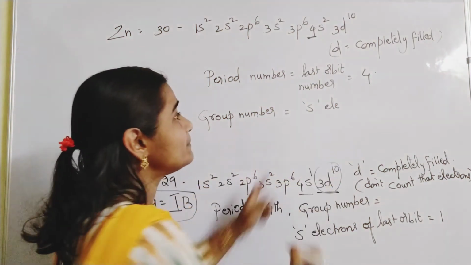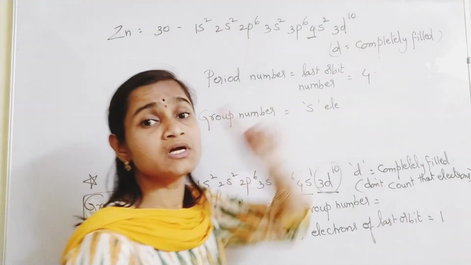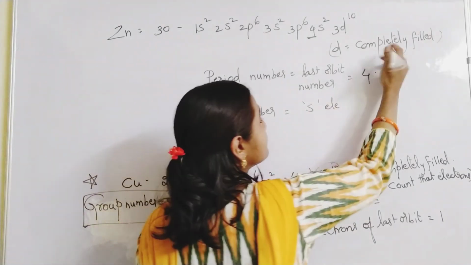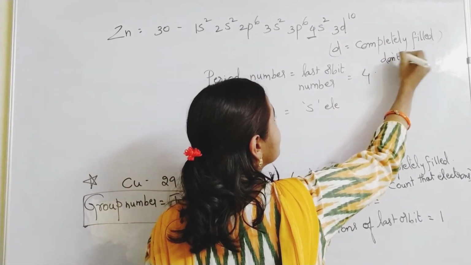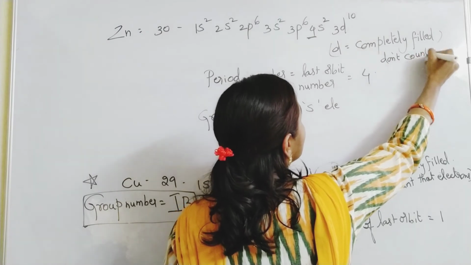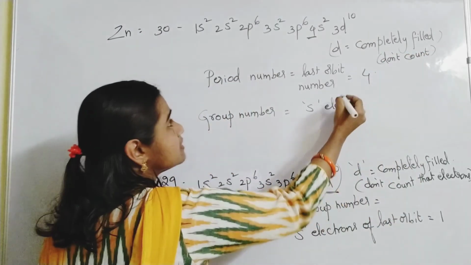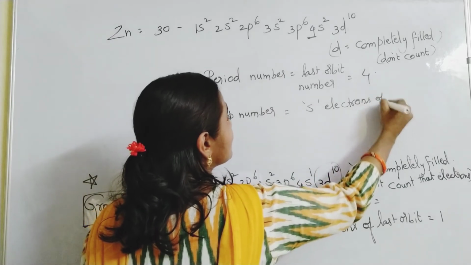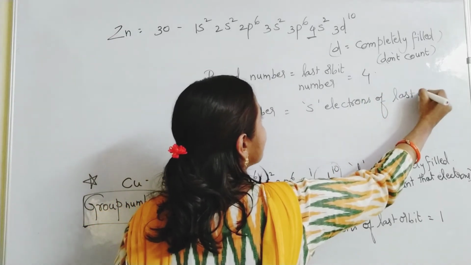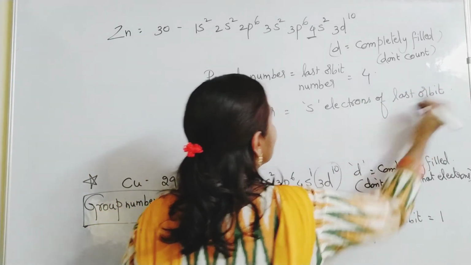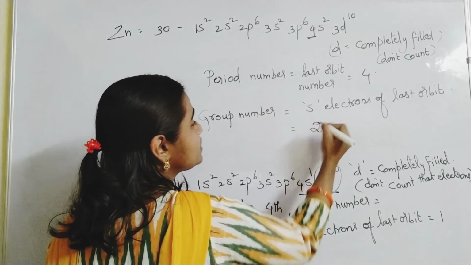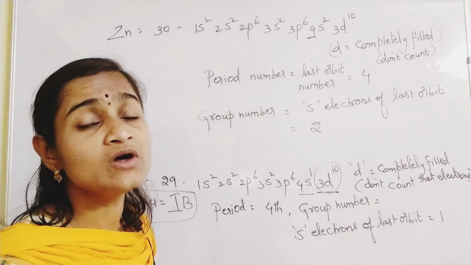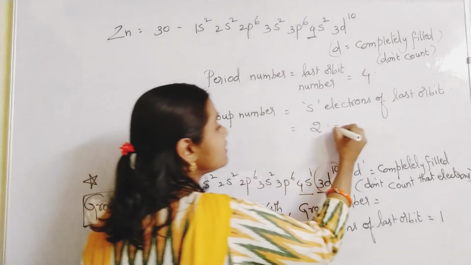If d is completely filled, don't count those electrons, please remember that point. Count only the s electrons of the last orbit. So how many do you get? 2. So zinc belongs to the second B group.